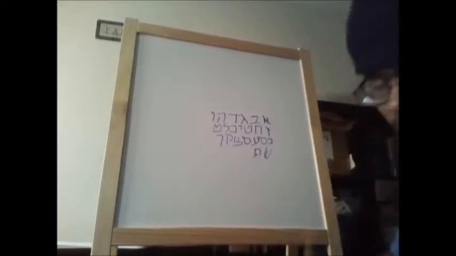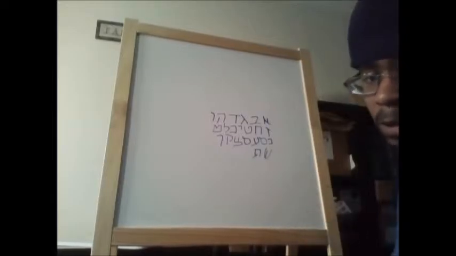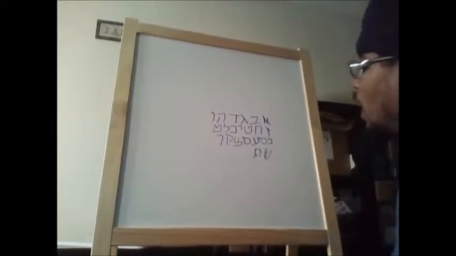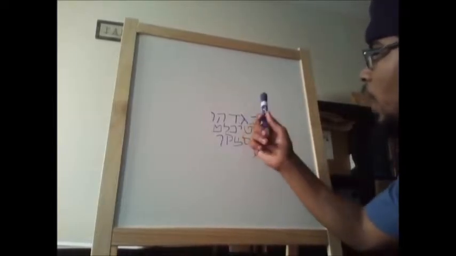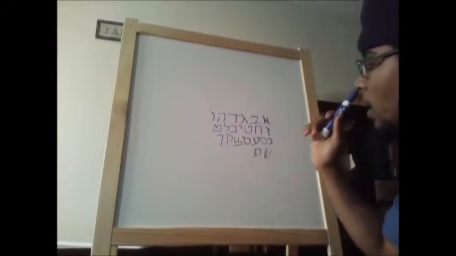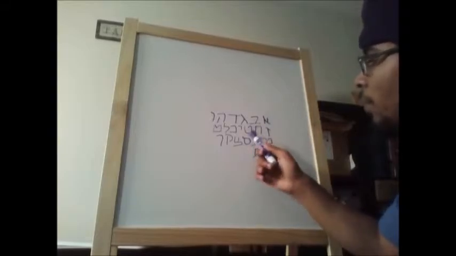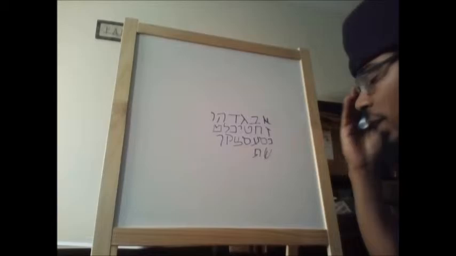So, as you can see, this is a modern Hebrew aleph bet, or aleph bayt, and you have your basic letters: aleph, bet, gimel, dalet, hey, vav, zayin, chet, tet, yod, kaf, lamed, mem, nun, and so on.